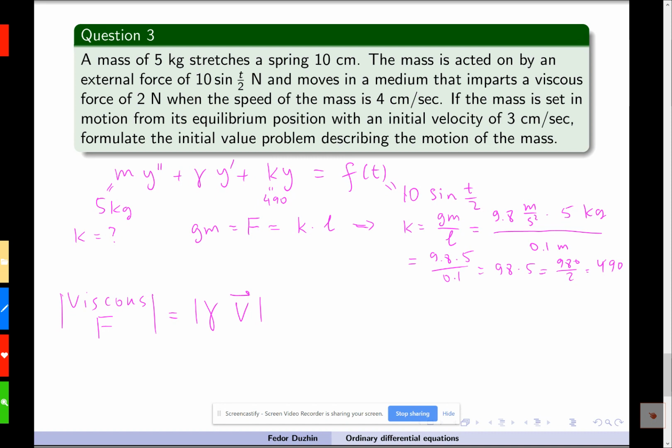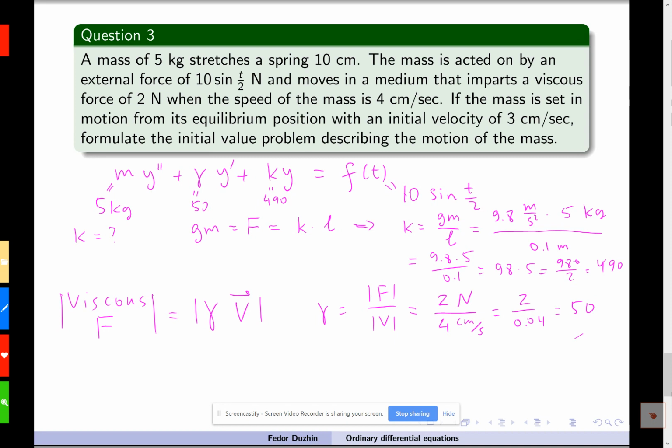So gamma is the magnitude of the viscous force divided by the magnitude of the speed, and the viscous force is 2 newtons and the speed is 4 centimeters per second. Again, we should convert to meters: 4 centimeters is 0.04 meters. So this is 2 newtons divided by 0.04 meters per second, and this is 50.